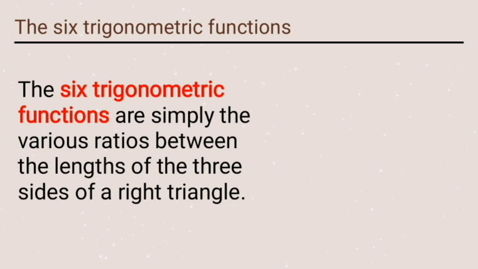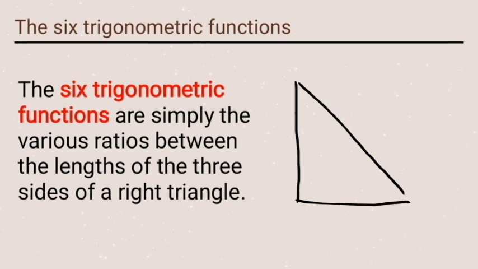Let us first draw a figure of a right triangle. This is the right triangle. It measures 90 degrees. And if the given angle is located here, how can we determine the three sides?